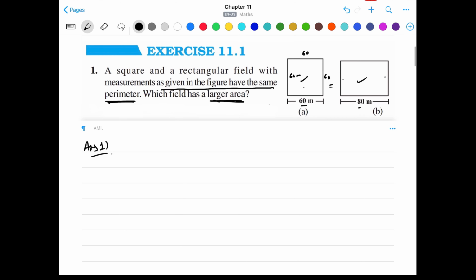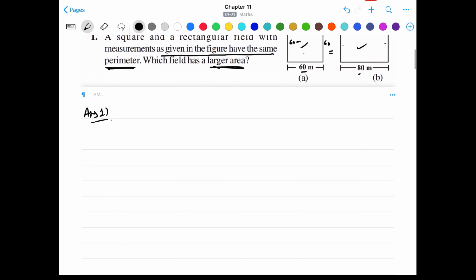First we are going to calculate the area of the square field. Side of square field is equal to 60 meter.